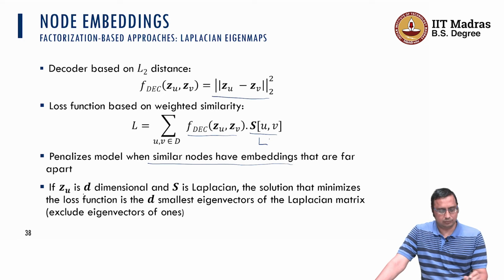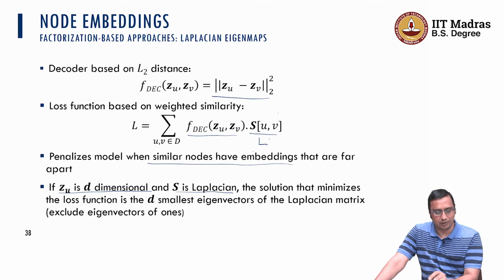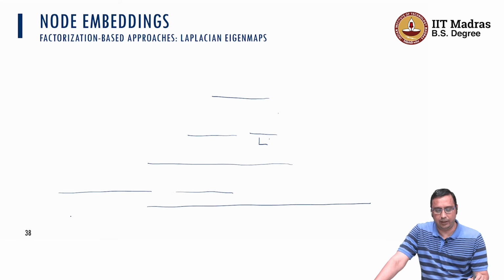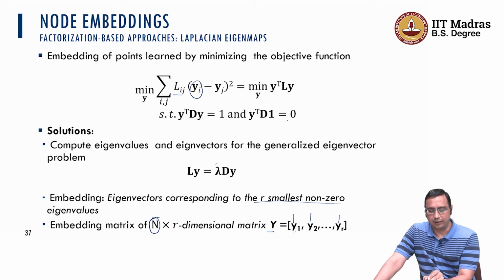Now, as we discussed, if z_u is D-dimensional, or here D or r-dimensional, and S is the Laplacian, then the solution that minimizes this particular loss function is the D smallest eigenvectors of the Laplacian matrix, excluding the eigenvector of 1, which is basically what we have seen in this particular example.